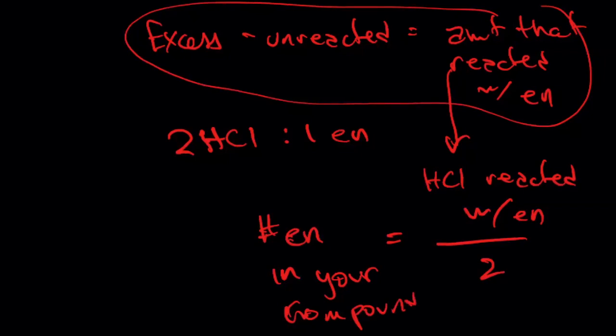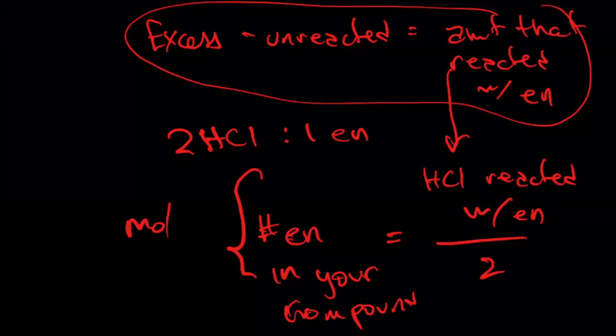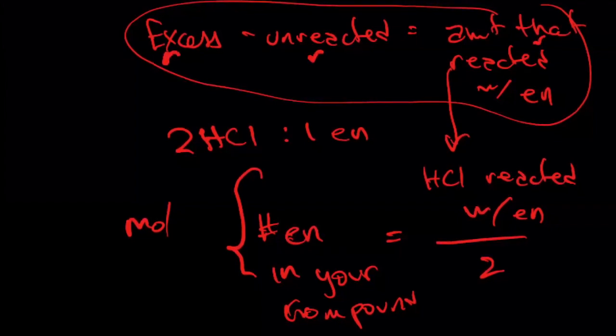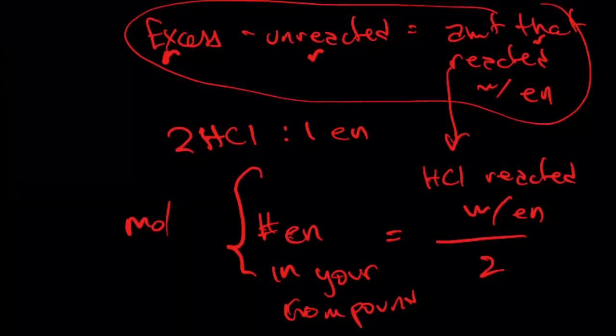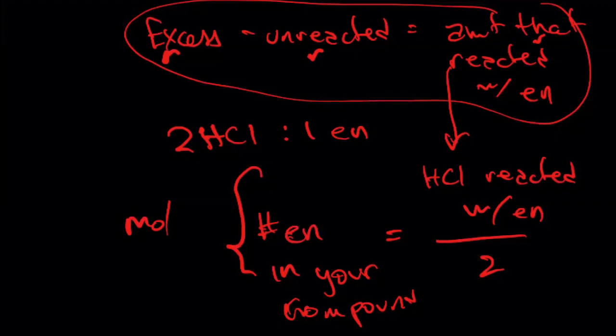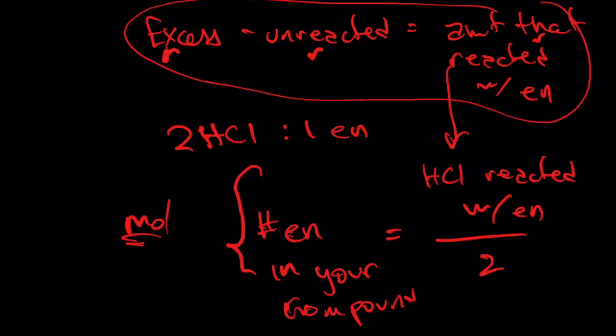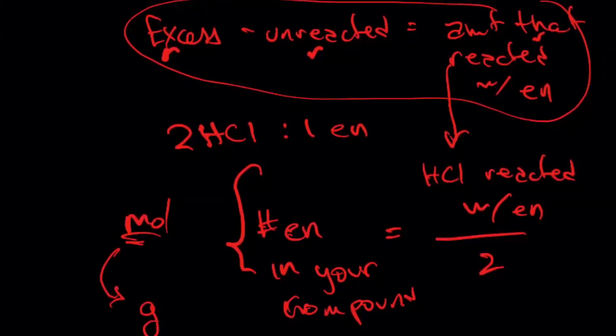So these are all moles at this point, okay? You have the moles of excess, you've got the moles of unreacted, you have the moles that reacted with your ethylene diamine. If you take those moles and divide it by 2, that's the moles of your ethylene diamine. The next thing you need to do is convert the moles of ethylene diamine to mass of ethylene diamine.